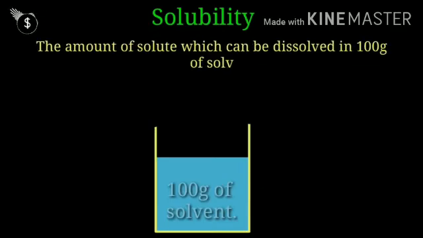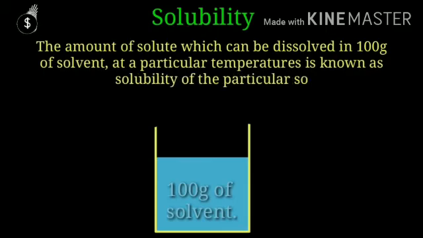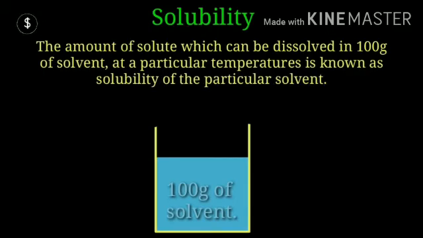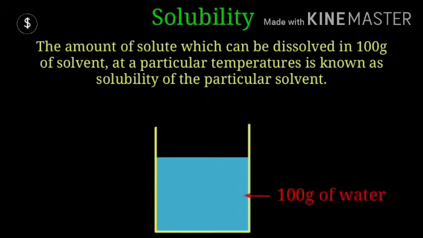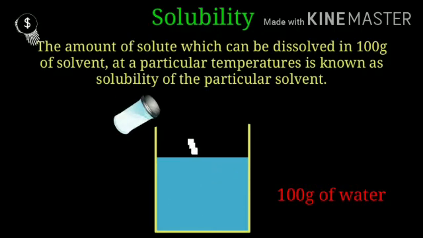So the amount of solute which can be dissolved in 100 gram of solvent at a particular temperature is known as solubility of that particular solvent. Now suppose 100 gram of water you have taken in this beaker and you are adding sugar crystals. Suppose these sugar crystals easily dissolve.